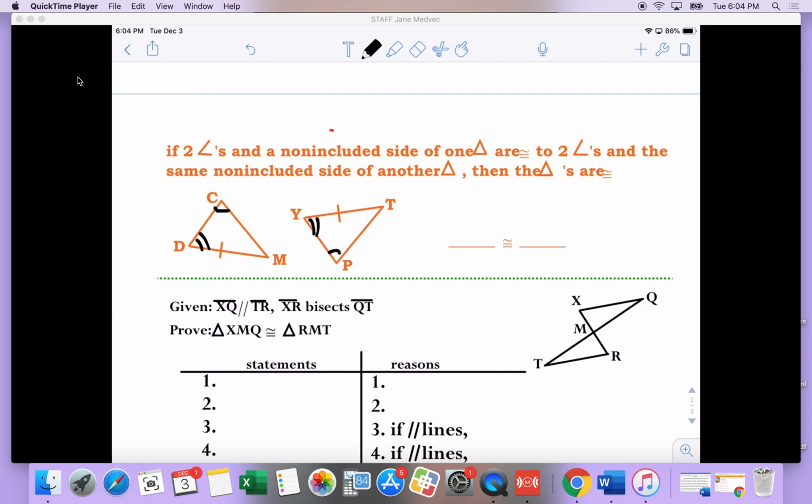This would be considered angle, angle, side. And so I would say triangle CDM is congruent to triangle PYT. And I can say that because of angle, angle, side.